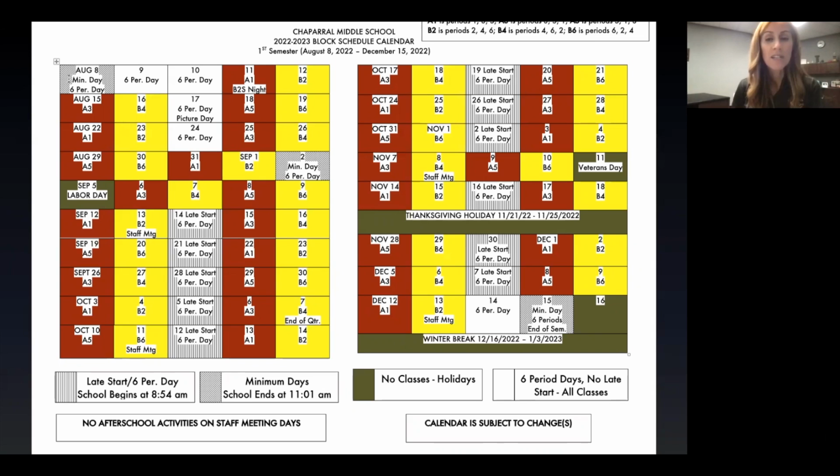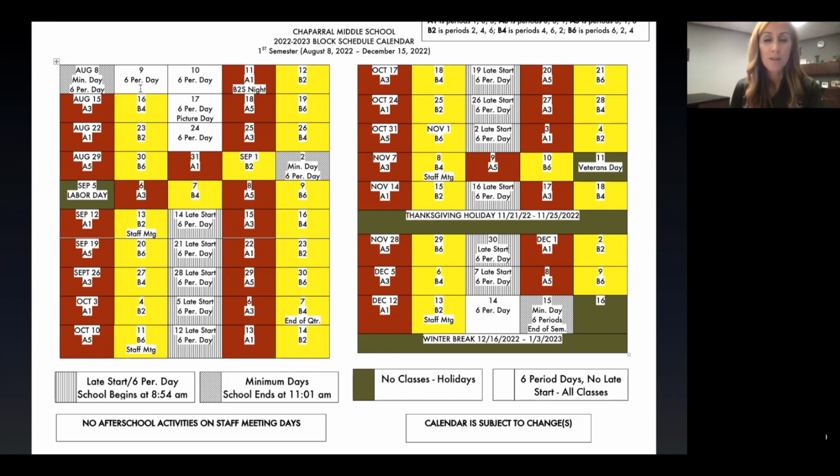Now on the second day of school, which is August 9th, that is a 6-period day here. So on that Tuesday, your child will begin at 8 a.m. in their first period class, and then they will go to their second period, followed by a break, and then proceed to their third period, then their fourth period, followed by lunchtime, and then end in their fifth, and the last class of the day will be 6th period.